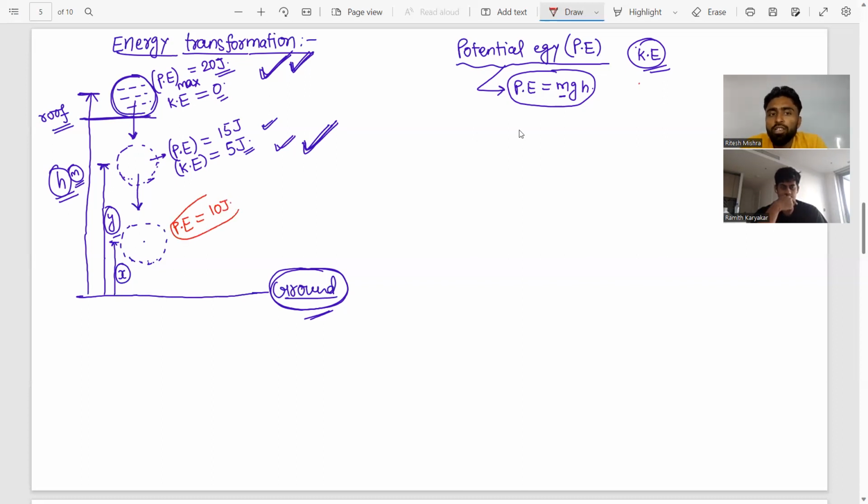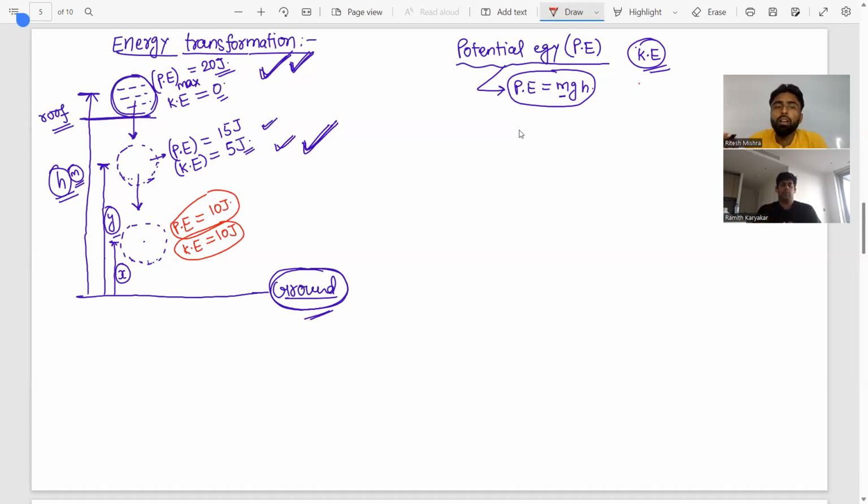So where does 10 joule go? Then 10 joule is converted into kinetic energy. Because, my dear, you have also seen that when a body is falling downwards, its velocity increases from point to point.